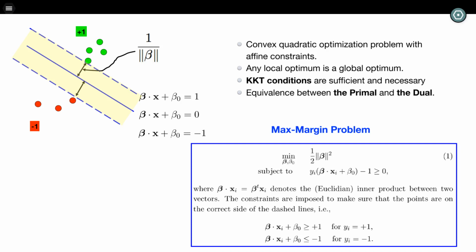Or if you're on the red side, they're strictly less than -1. Here, I do have a green one on the dashed line, and I should move this red one a little further. That one is also on the dashed line. So there are only 2 points on the dashed lines, and only those 2 points have non-zero lambda i's.